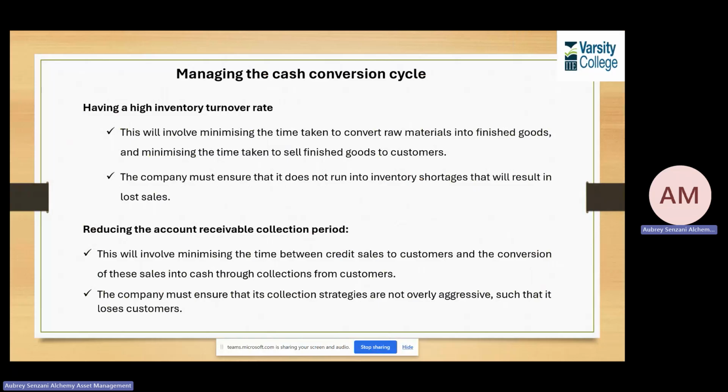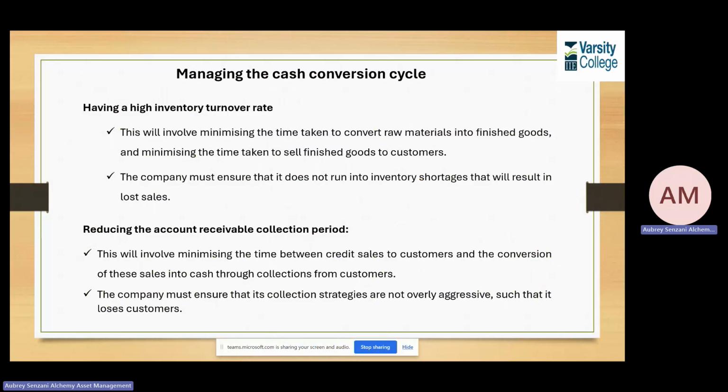Okay, so this will improve minimizing the time taken to convert raw materials into finished goods and minimizing the time taken to sell finished goods to customers. The company must ensure that it does not run into inventory shortages that will result in lost sales. Okay, so that's the downside to this. Obviously, if you're moving your inventory quite quickly, you just need to make sure that you always have inventory available for purchase.